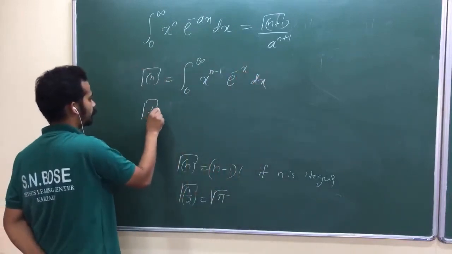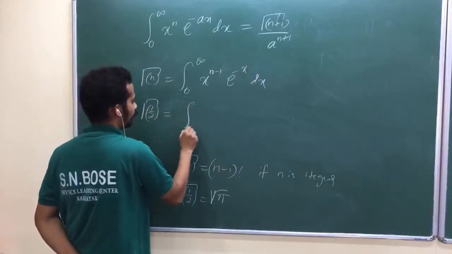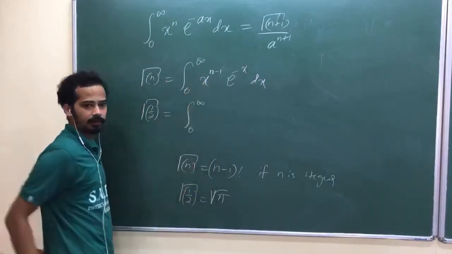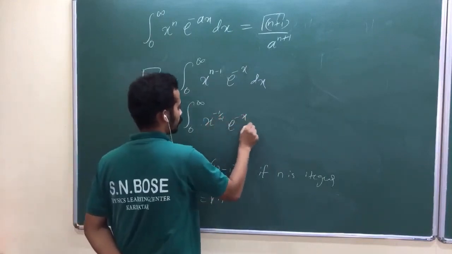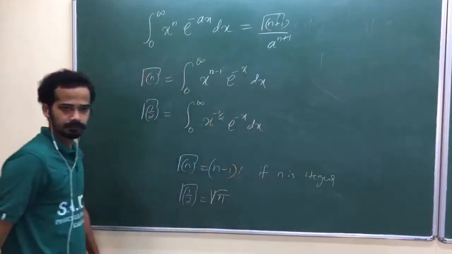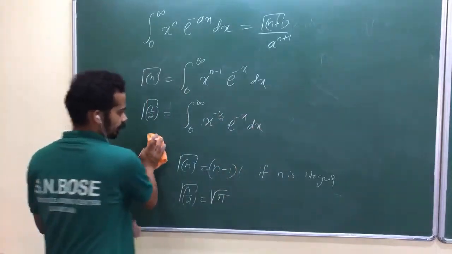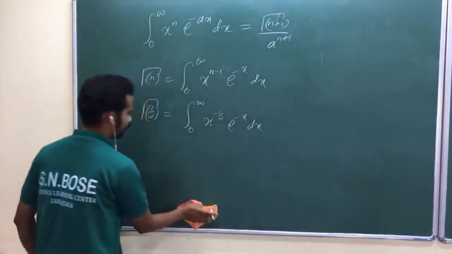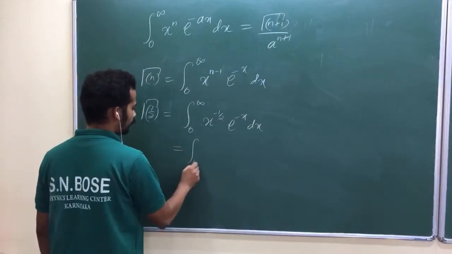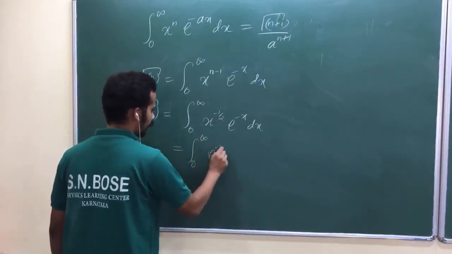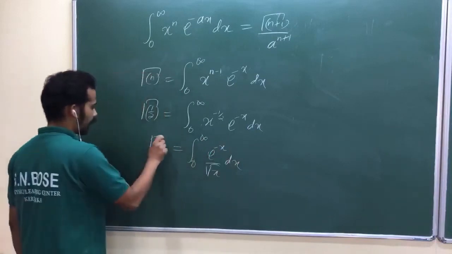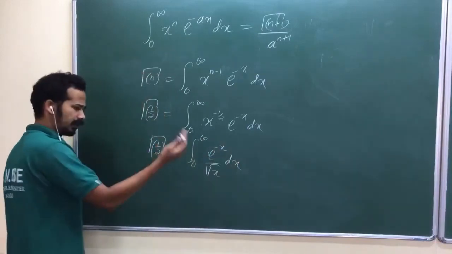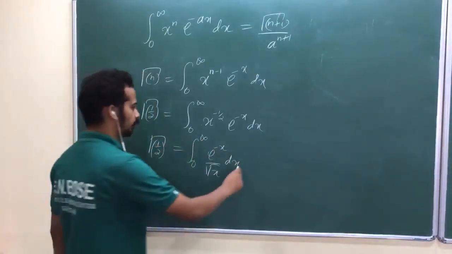Gamma of half, in place of n if I put half, is the integral from 0 to infinity of x raised to half minus 1, that is x raised to minus half, e power minus x dx. So that is nothing but the integral from 0 to infinity of e power minus x divided by root x dx. Gamma of half is nothing but this integral, and somehow they prove that this is equal to root pi.